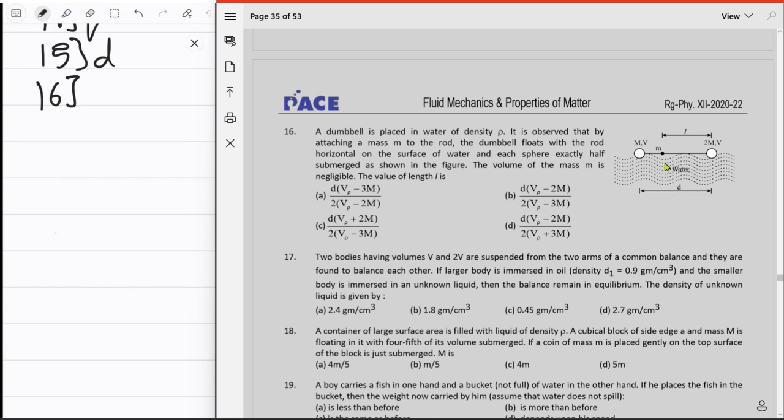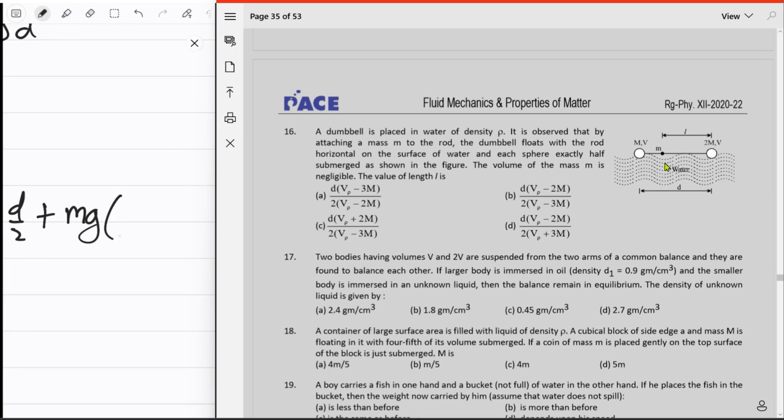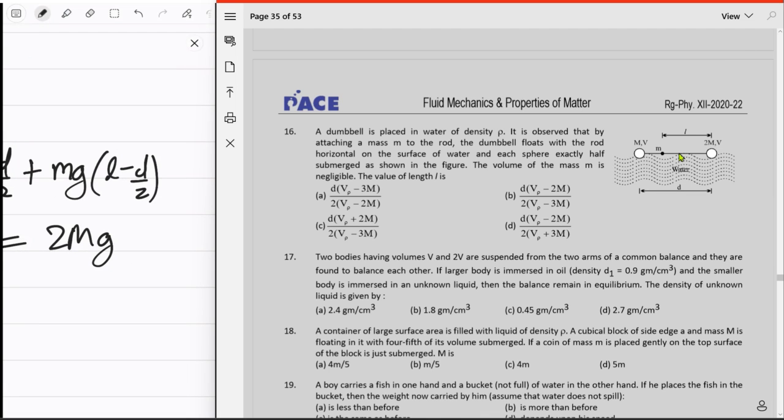So just capital Mg times d upon 2 plus small mg times L minus d upon 2, right? That is equal to 2 capital Mg times d upon 2.